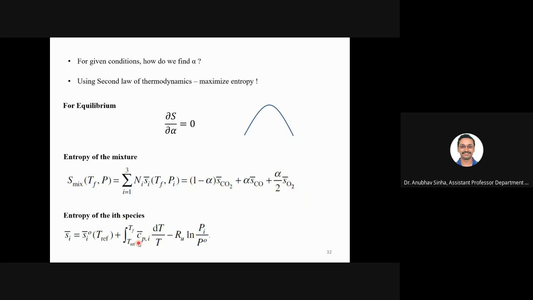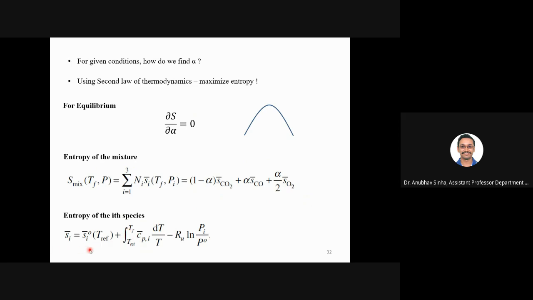We are talking about large temperature changes, of the order of 2000 Kelvin, 2500 like that. So there will be an appreciable change in Cp. When you talk about small changes in temperature, then we can neglect that. But when you have large changes, you take Cp at different temperatures and integrate along this path. That is how you can calculate entropy.